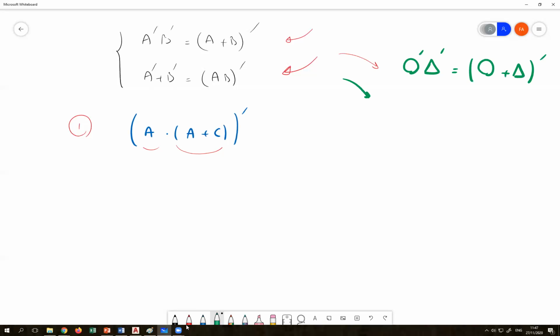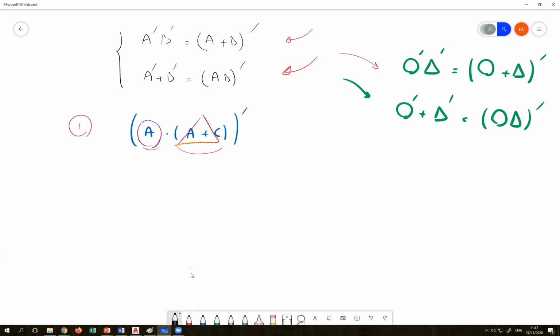And the second rule can be written as circle naught plus triangle naught is equal with circle triangle naught. It means that each of them can be multiple inputs. Here, I can say this is my circle, this is my triangle. Same story.